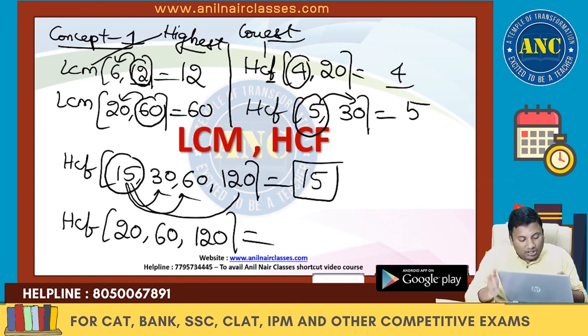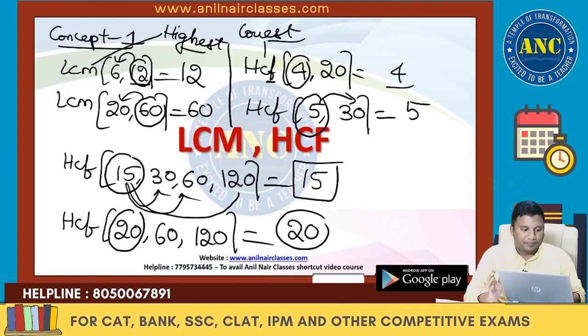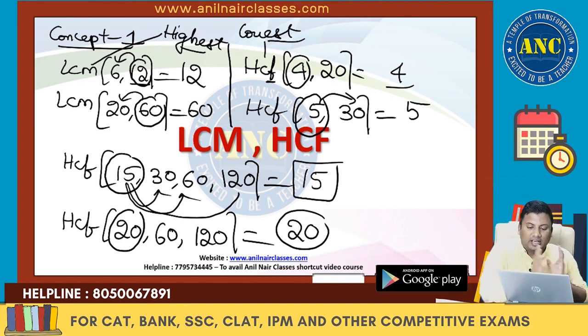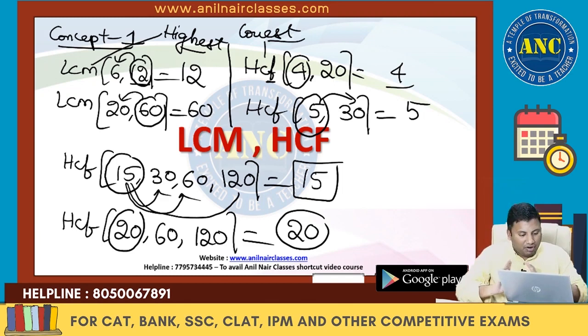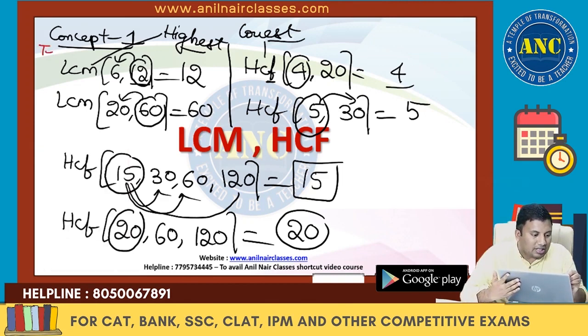Take the smallest value, which is 20. Does 20 divide 60? Yes. Does 20 divide 120? Yes. So the answer is 20. I hope type 1 in LCM and type 1 in HCF are similar. This is type 1.